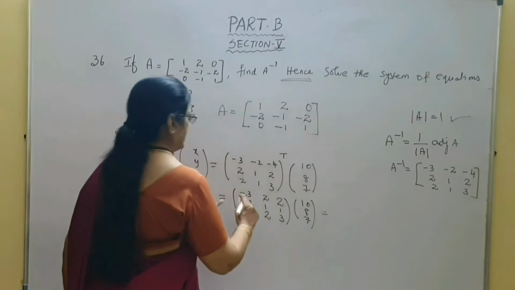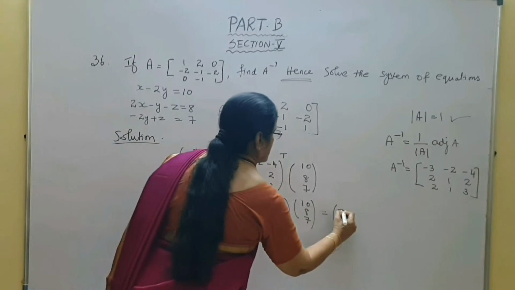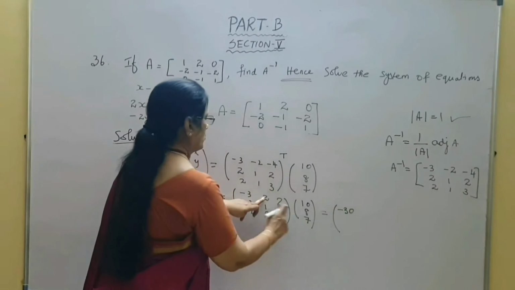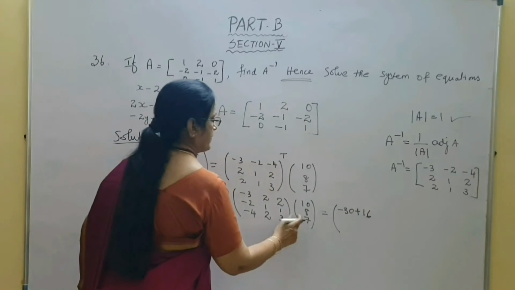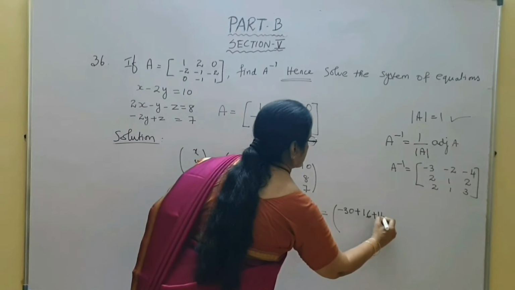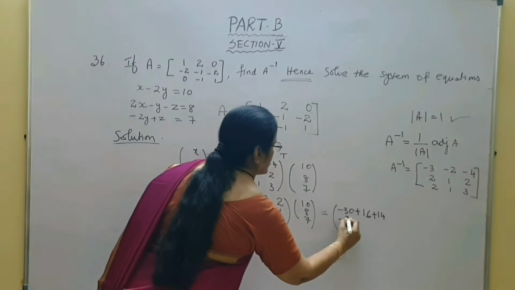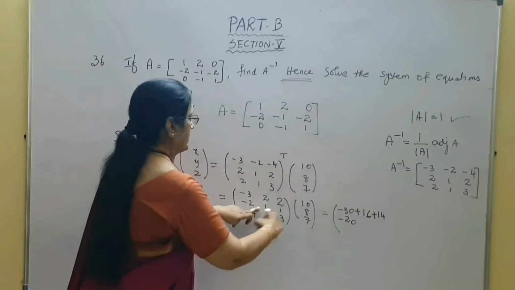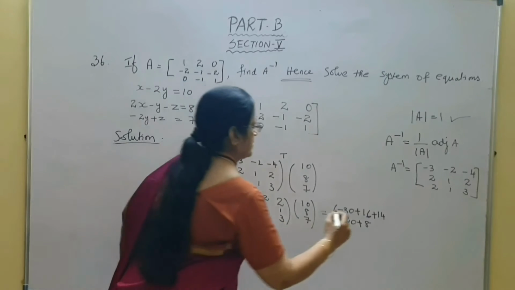It's going to be minus 3 into 10, minus 30. 2 into 8, plus 16. 2 into 7, plus 14. Then second row, minus 2 into 10, minus 20. 1 into 8, plus 8. 1 into 7, plus 7.